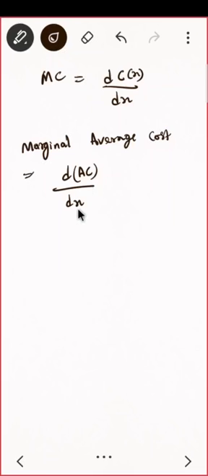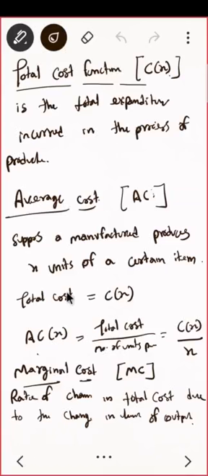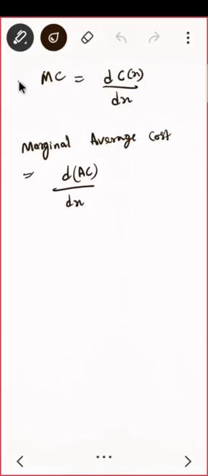Derivative of average cost with respect to X. Okay, so we now have these formulas. The first is total cost, C of X, and next is average cost, C of X upon X. Next is marginal cost, this, and marginal average cost is this.